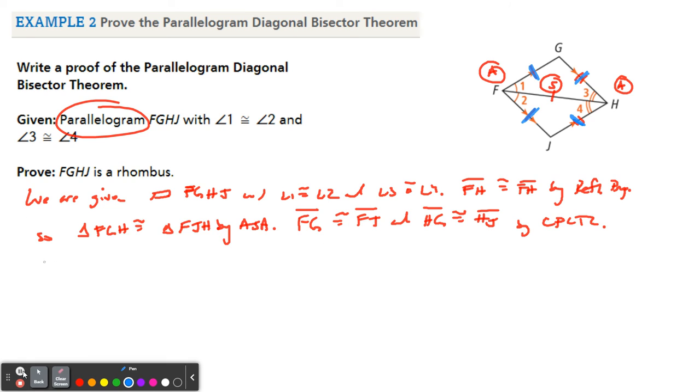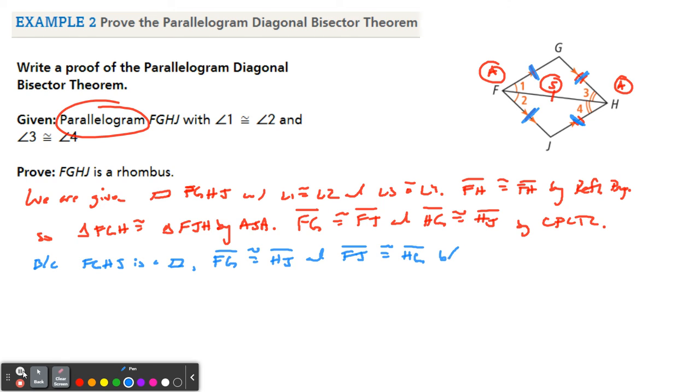So now we're going to say, okay, well, because FGHJ is a parallelogram, segment FG is congruent to segment HJ, and segment FJ is congruent to segment HG.